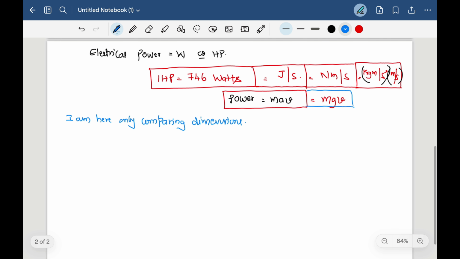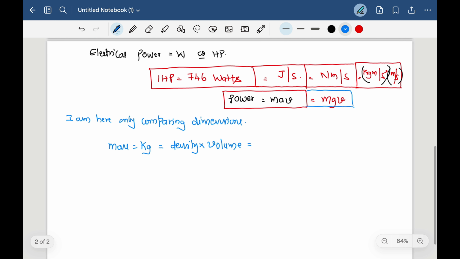What is mass? Mass is equal to kg. Kg is equal to density into, let us write it in terms of density, volume. Do you agree?